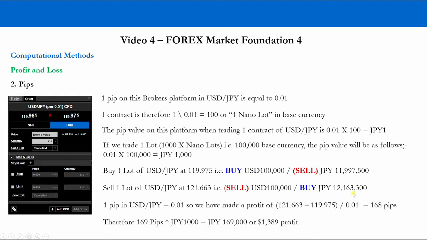12,163,300 Japanese yen. So 1 pip was spot 0.1, which means we've made a profit of the difference divided by spot 0.1, which is equivalent to 169 pips. So we'll just round it up to 169 pips times 1,000 yen is 169,000 yen. To work it out in the base currency, we just divide by the current exchange rate.